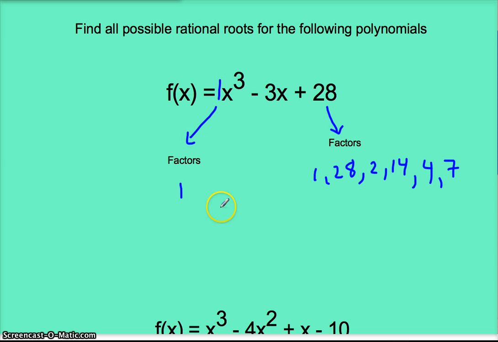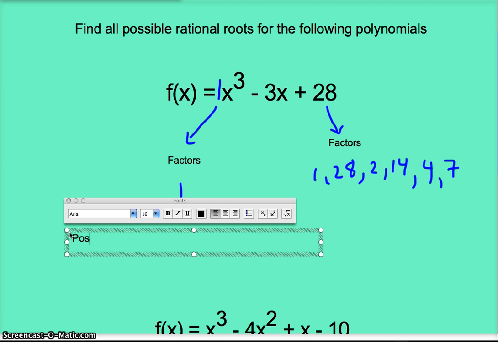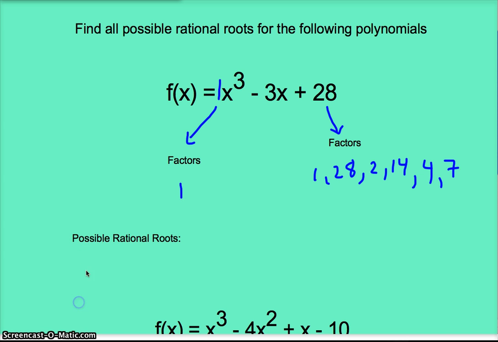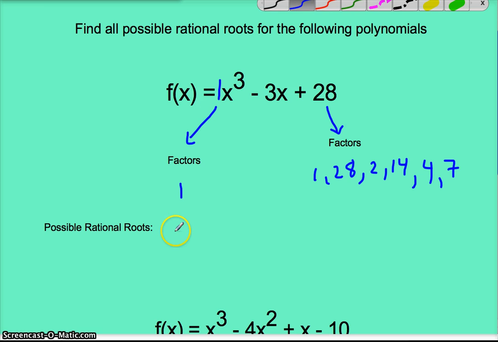All right, now that we've done that, we are going to be looking for the possible rational roots. Remember, we're going to take the factors of the constant and put them over the factors of the leading coefficient. So in this case, we have plus or minus 1 over 1, which is just 1. I'm going to put these in order.